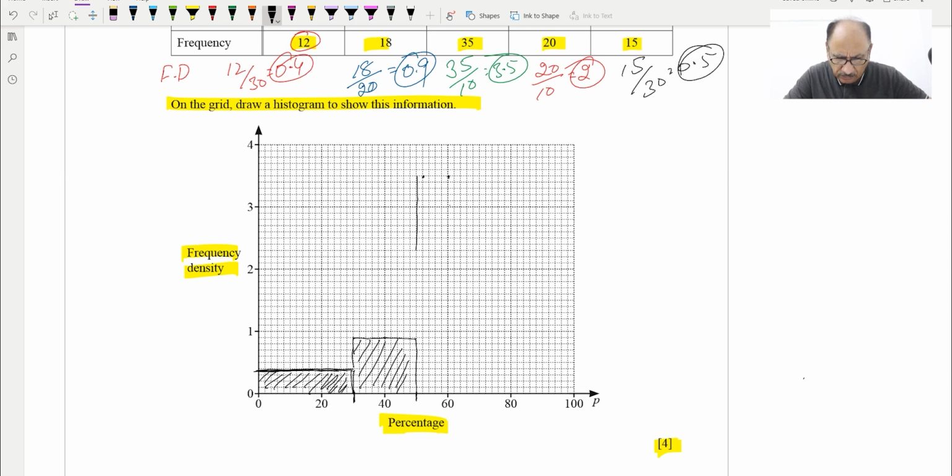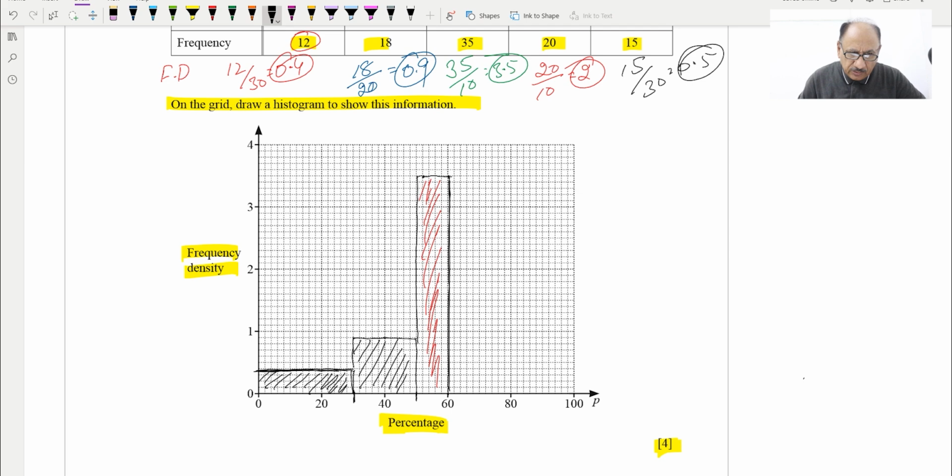Yes, this line we need to draw, and if I use the ruler, we can draw a straight line exactly over here up to 60, and this will be the histogram for this one.